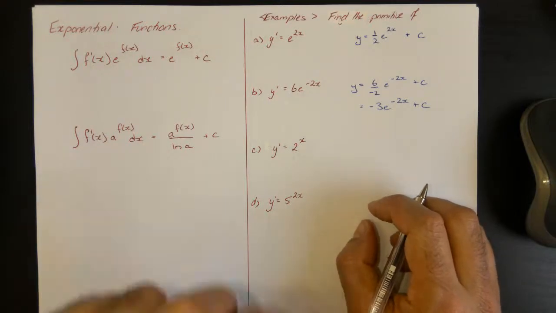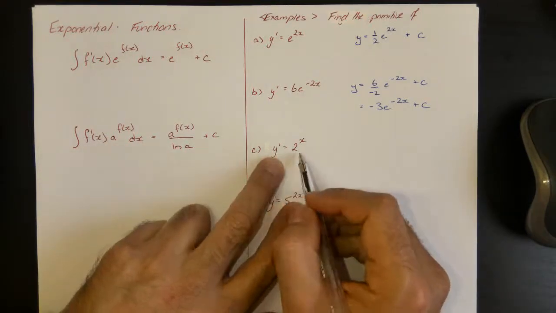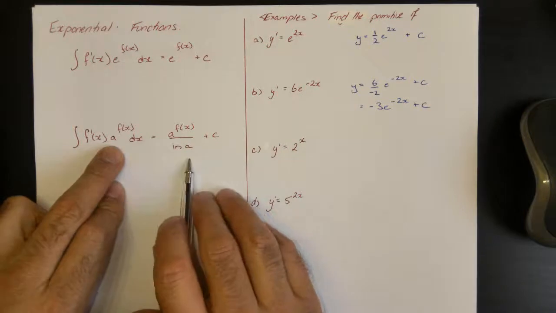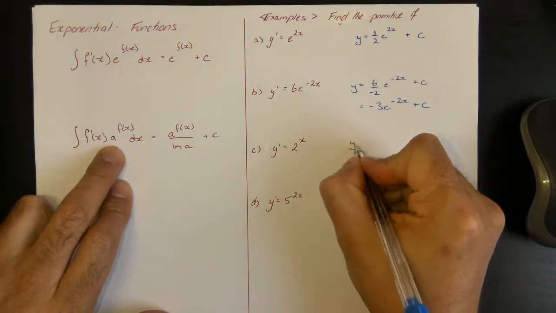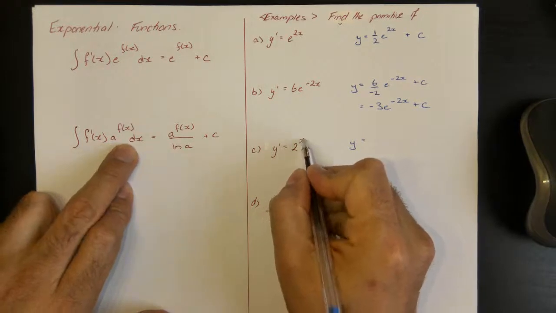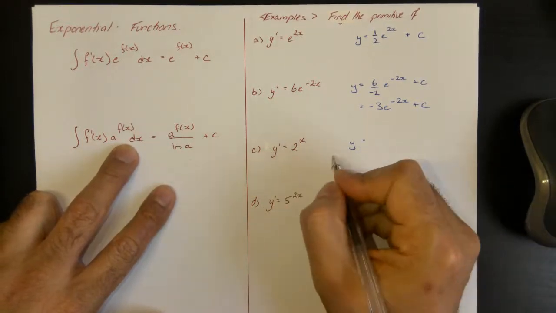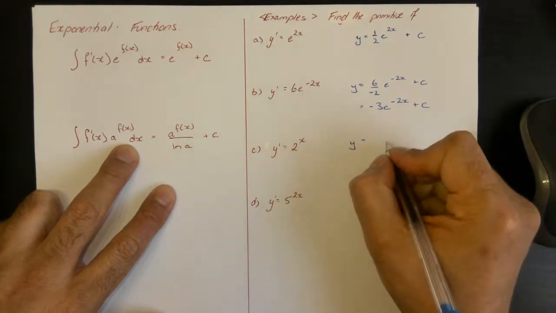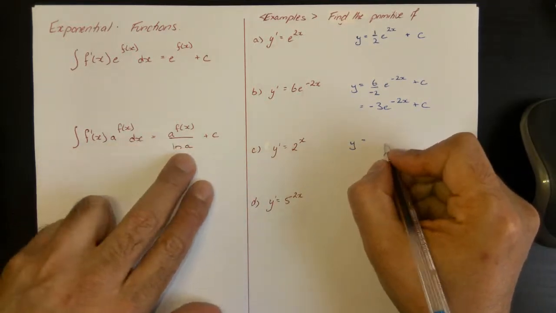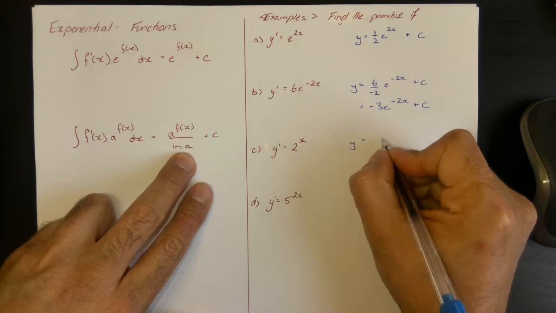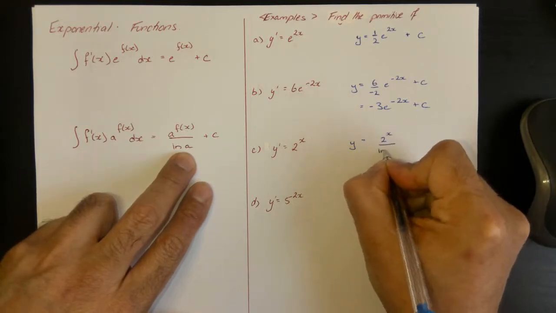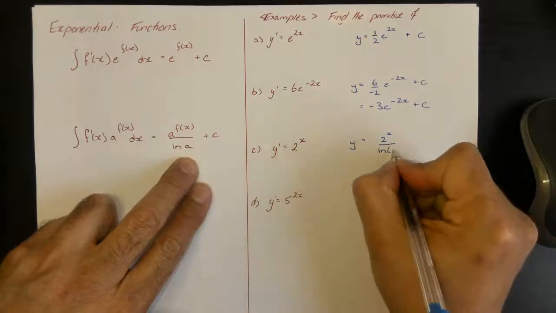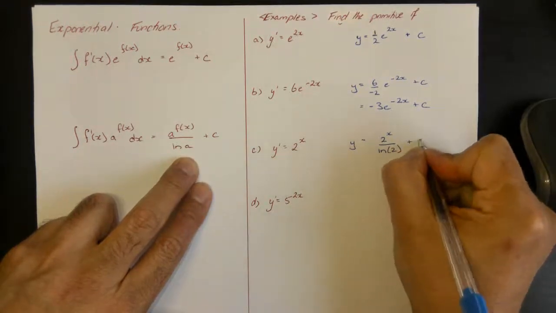Alright. Something like this, y dash equals 2 to the power of x, falls into this type of derivative. Okay, so let the function be x. The derivative of that is 1. So this is going to be the function over log of a plus c.